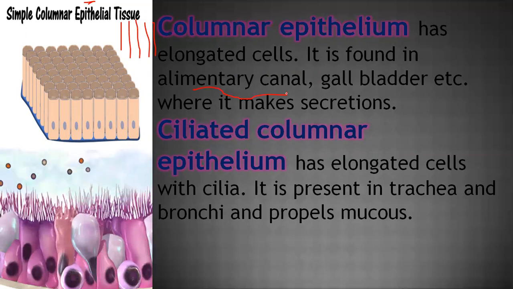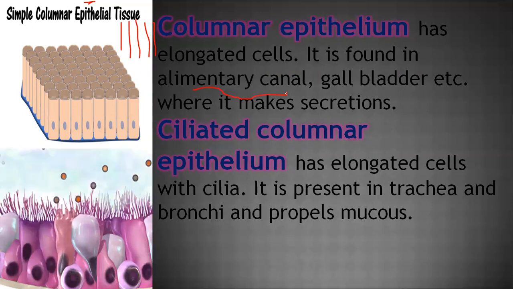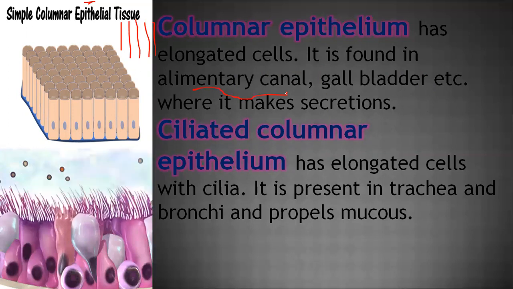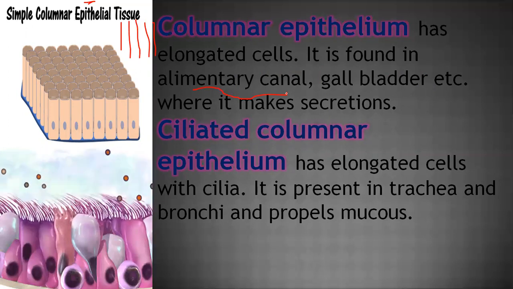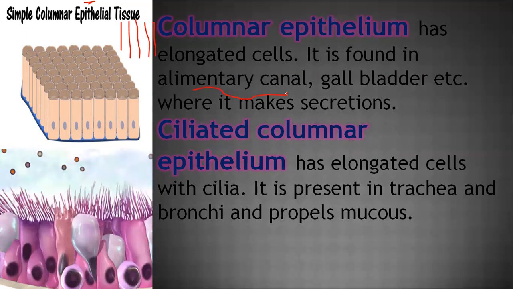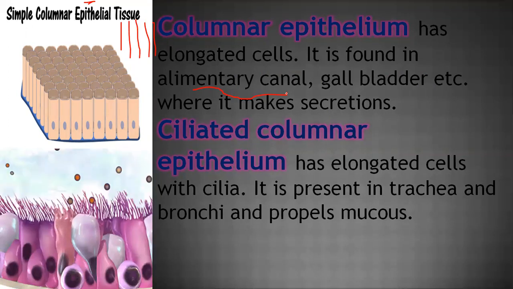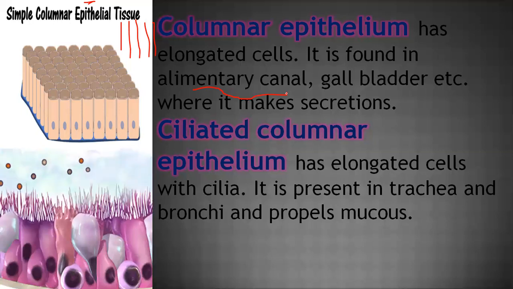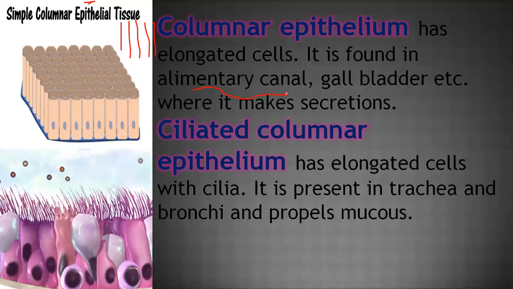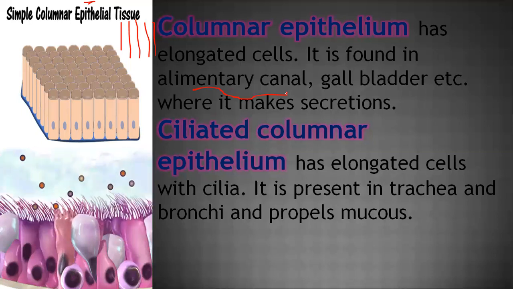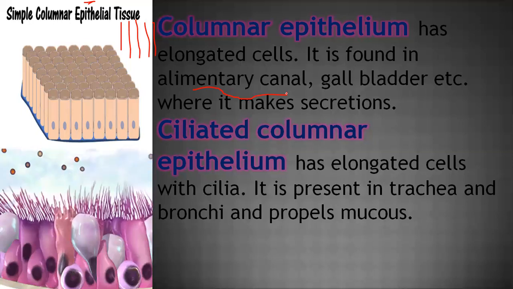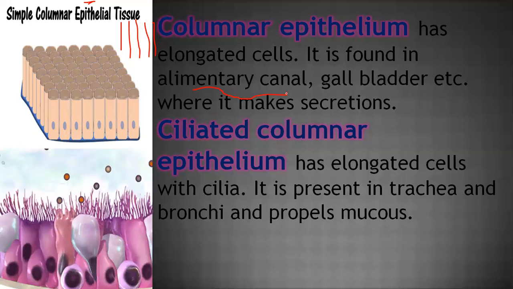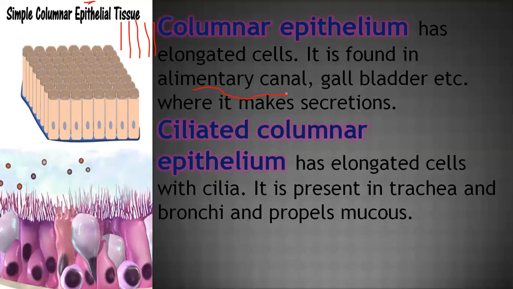It means the whole digestive system, from your mouth up to the anus, the last part of the digestive system through which the excreta comes out. Up to here is called alimentary canal because it acts like a canal, a tube-like structure. So that has columnar epithelium tissue.